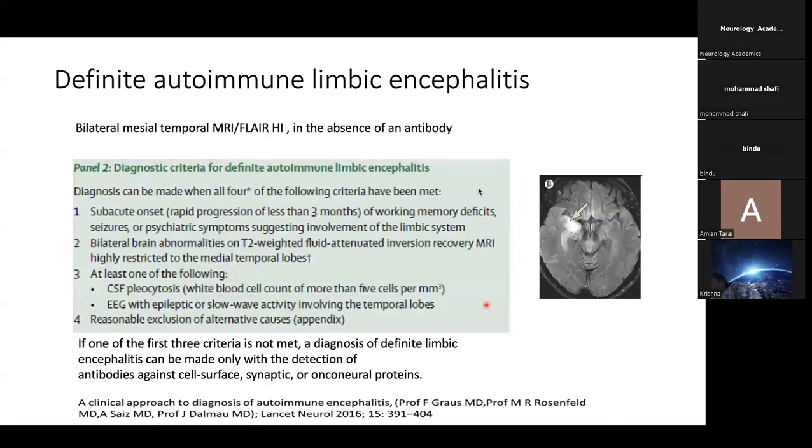Diagnosis is made by all 4 of the following criteria: subacute onset, rapid progression of less than 3 months of working memory deficit, seizure and psychiatric manifestation; bilateral brain abnormality on T2 MRI FLAIR hyperintensity; and at least one of the following: CSF pleocytosis with WBC count more than 5 cells, that is inflammatory change, or EEG with epileptic or slow wave activity involving the temporal lobe; and reasonable exclusion of alternative diagnosis. But if criteria 1, 2, 3 are not matching, in that case antibody is required to stamp as a definite autoimmune encephalitis.